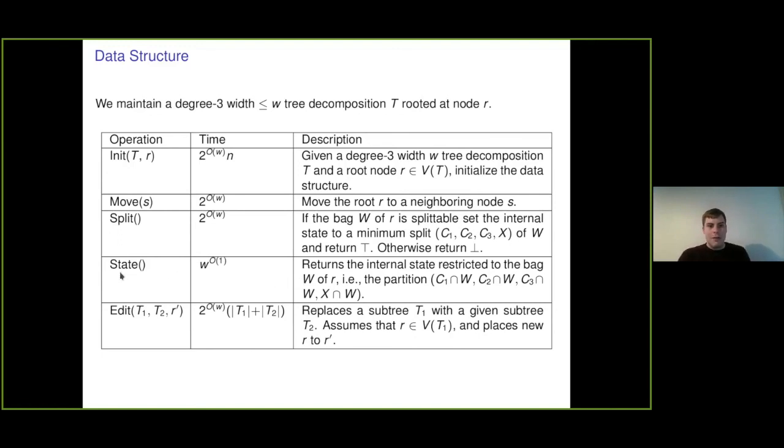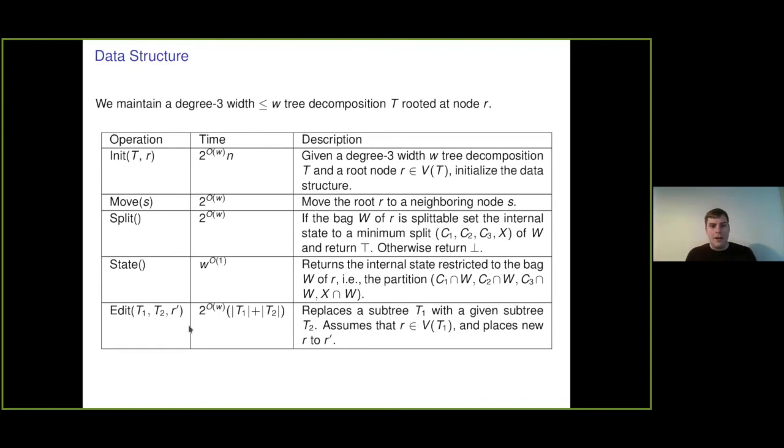Then you can say there's a state operation which gets the internal state, the result of the backwards dynamic programming. So if we do the splitting operation, then we set the internal state to some minimum split of the bag that we consider, and after that we can use this state operation to find out what this split looks like in editable bags.